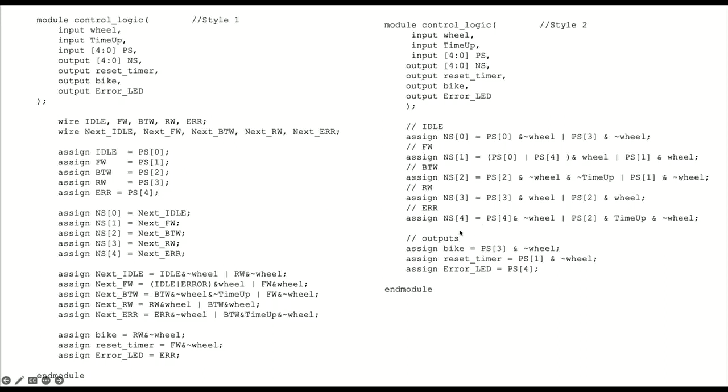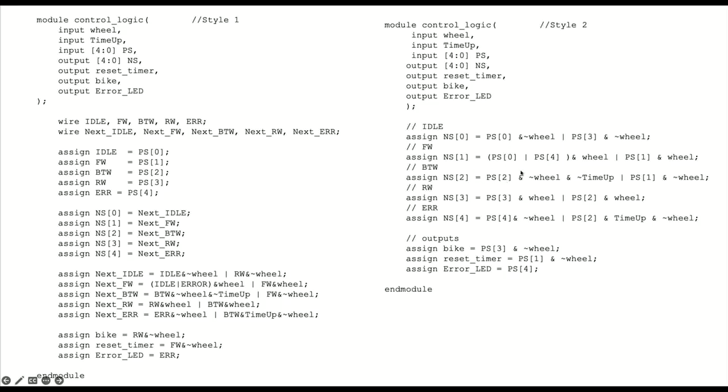This works just as well. Put a comment that reminds you which state this is, because you're going to have a hard time remembering what NS2 is. But you'll have no problem remembering between wheel, what that is. And when you read this, it'll make sense to you.